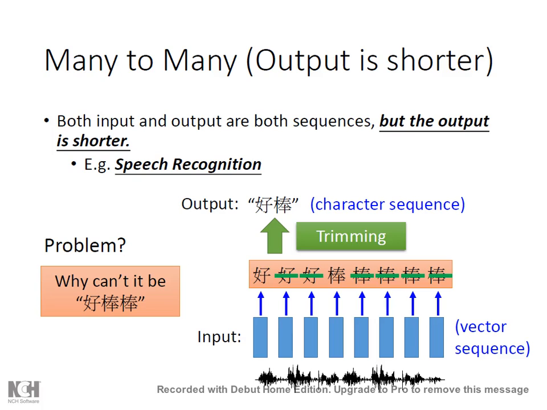The character sequence is much smaller than the signal. Although it's many to many, the output is short. The output is just two characters, while your input, the audio signal, is a much longer, much bigger vector.